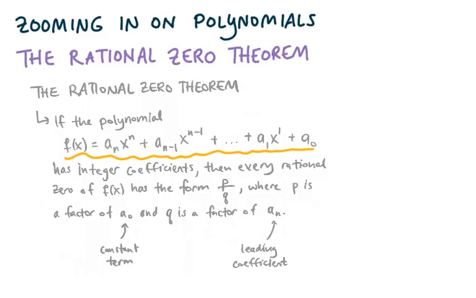So p over q, where p is a factor of this term at the end of the polynomial function. Basically, it's going to be a factor of the constant term. And then q is going to be a factor of the coefficient on your highest degree term. Basically, it's got to be a factor of your leading coefficient.